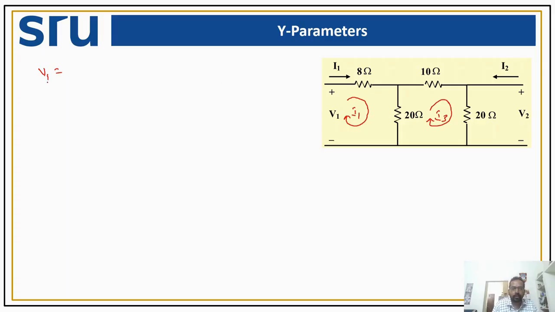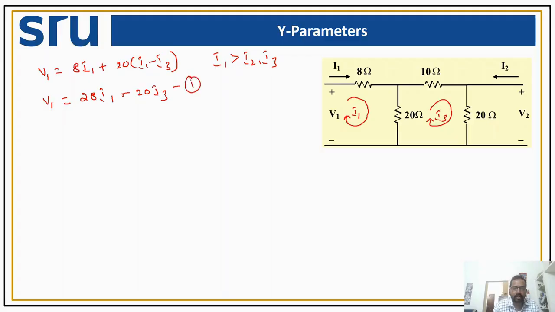So we have a voltage rise of V1 and a voltage drop of 8 I1 plus 20 into (I1 minus I3). Here we assume that the mesh current I1 is greater than I2 and I3. So this is the equation we got. Let us rearrange it. We get V1 equal to 20 plus 8, 28 I1 minus 20 I3. Let us assume this is equation 1.